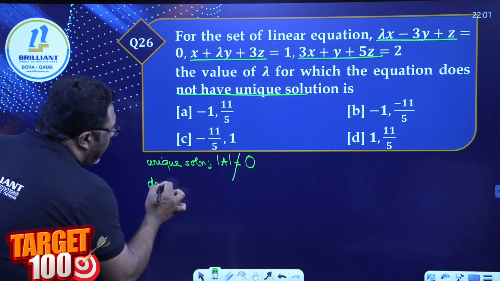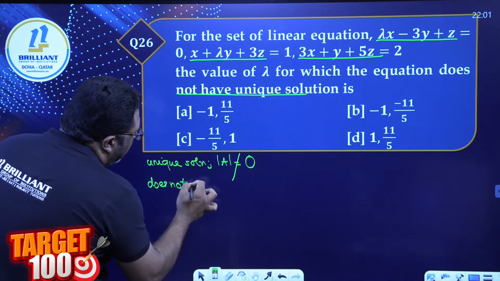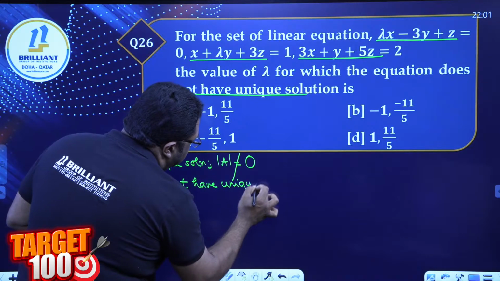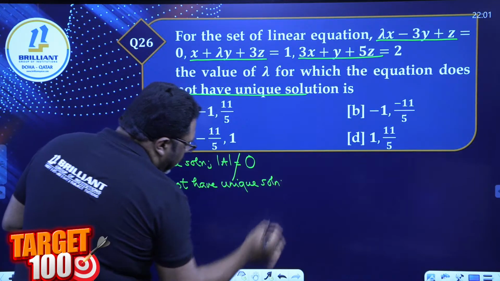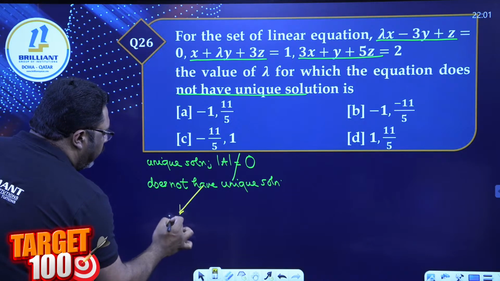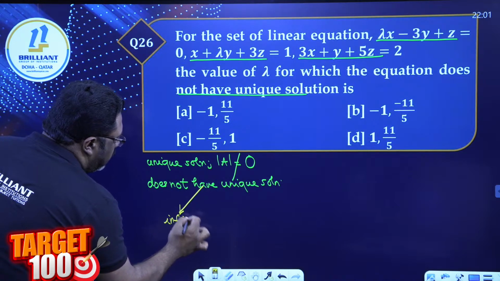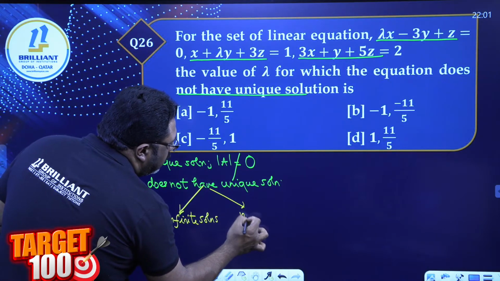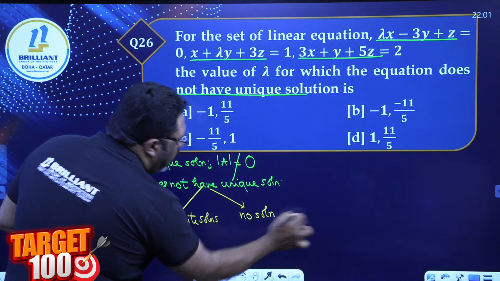If it does not have a unique solution, then in that case it could be either infinite solutions or no solution.